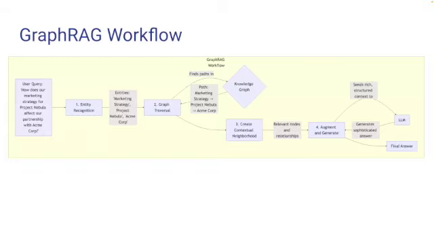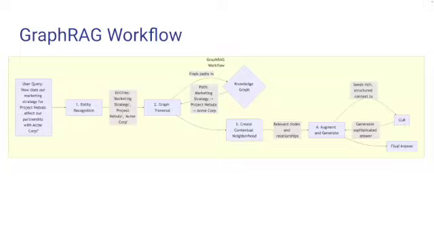Now let's ask our complex question again. How does our marketing strategy for Project Nebula affect our partnership with Acme Corp? GraphRAG handles this completely differently. Step one, entity recognition. The system first identifies the key entities in your query: marketing strategy, Project Nebula, and Acme Corp.